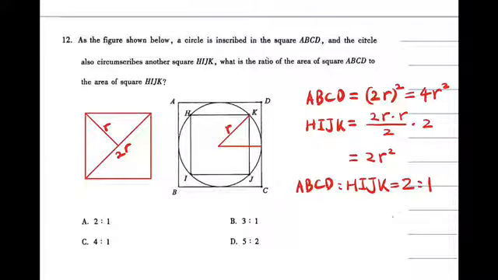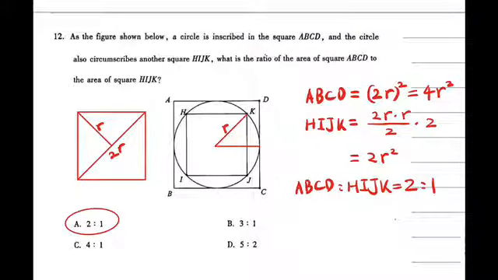One of the triangles has the area of 2R times R over 2. So two of them add up to 2R squared. So if we compare ABCD to HIJK, the ratio is 2 to 1. The answer is A.